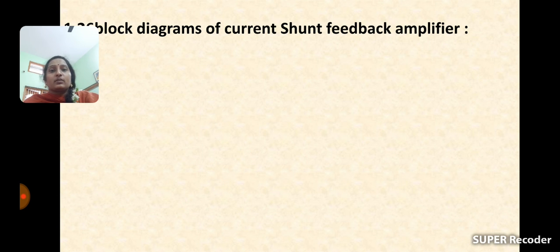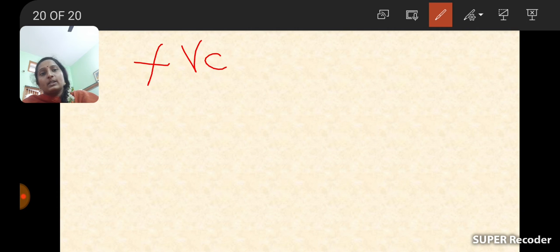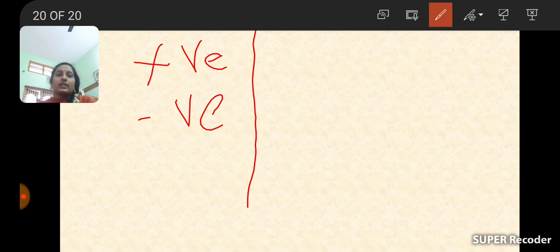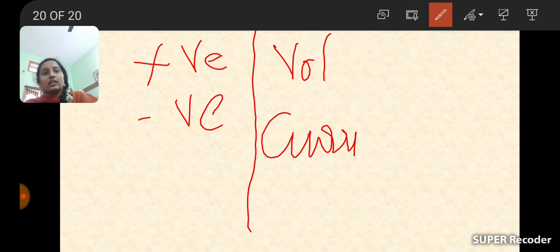According to the signal connected, amplifiers are classified into two types of feedback amplifiers: one is positive feedback, the other is negative feedback. According to the parameter used, there are two types: voltage feedback amplifier and current feedback amplifier.